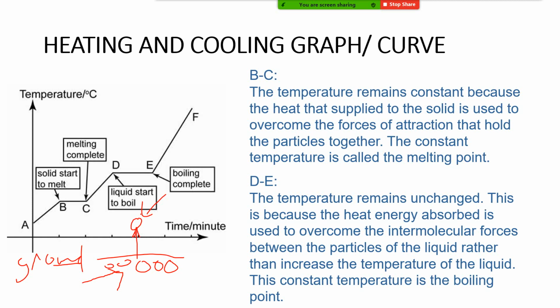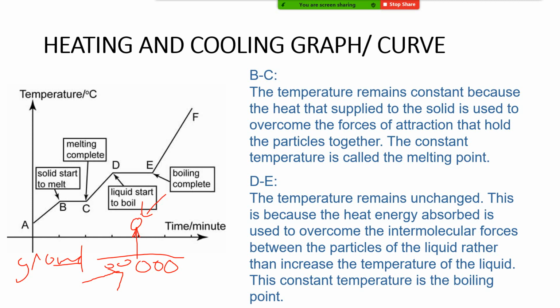All right? So there's an increase in potential energy due to the fact that there's an increase in separation of the particles. You can even write this to say at this point, there is no increase in the kinetic energy of the molecules.